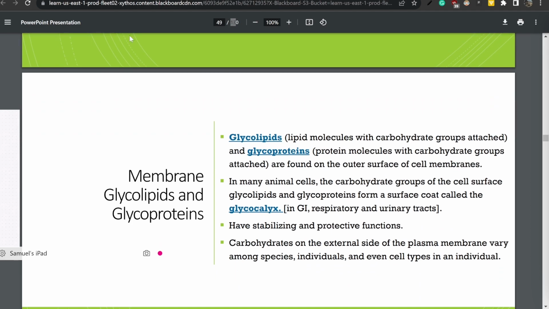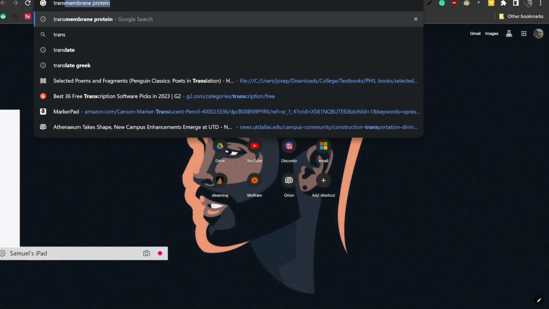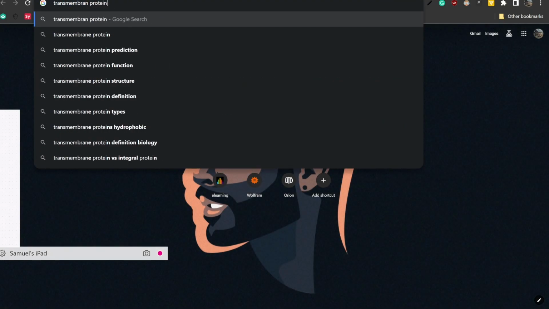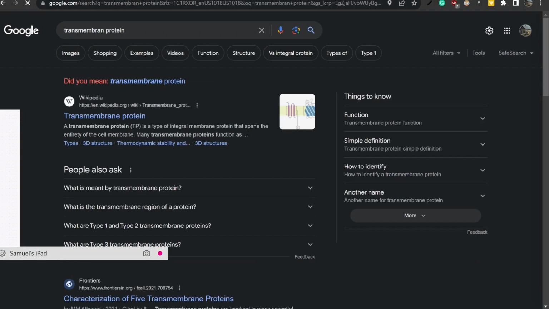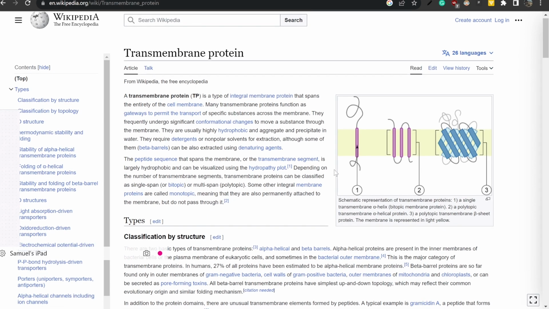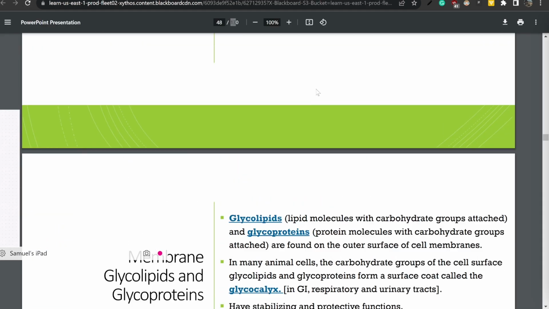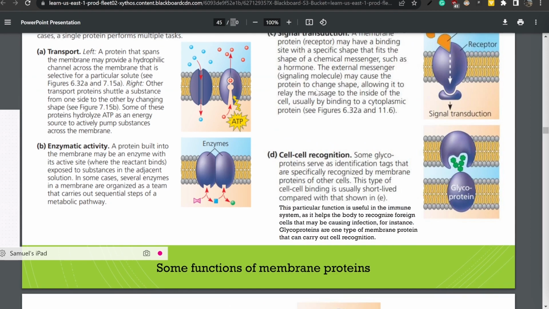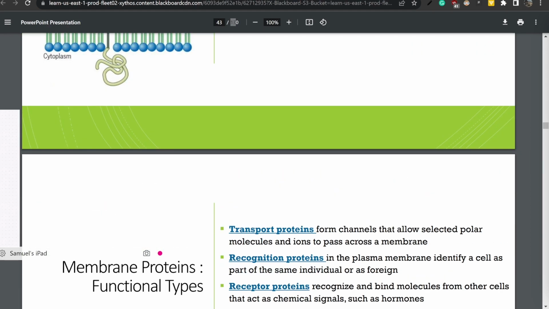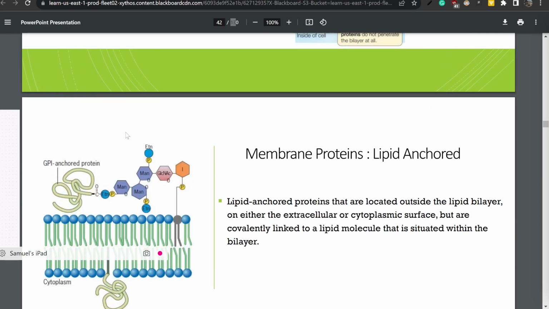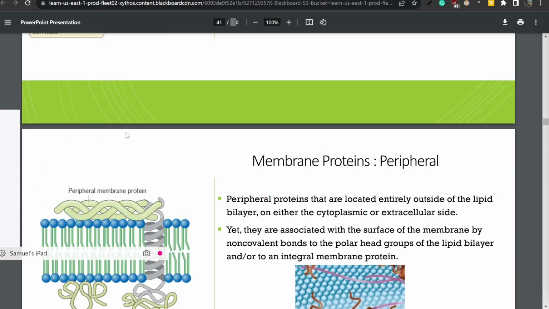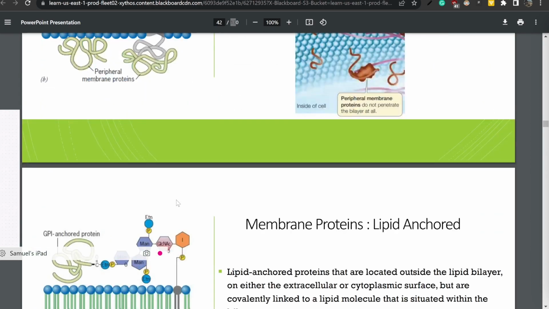Unless transmembrane, I'm gonna look it up. Integral. Okay, so integral proteins are transmembrane. So when I think about a membrane protein that just stays on the top, I'm always going to remember that it's going to have something to do with structure or protection, because that's why it's going to be out there. So I'm never going to forget that.